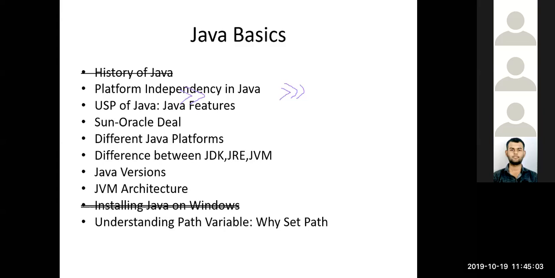So that feature of Java makes it platform independent, and that is the basic fundamental reason for the popularity of Java. There are some other reasons too, but this is one of the fundamental reasons why Java is preferred and liked by most businesses and development.